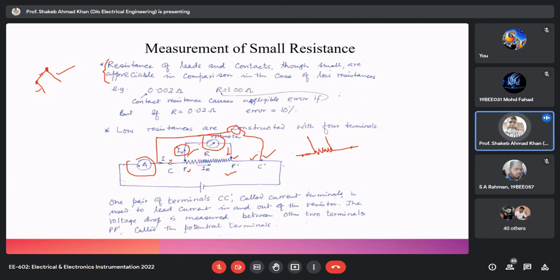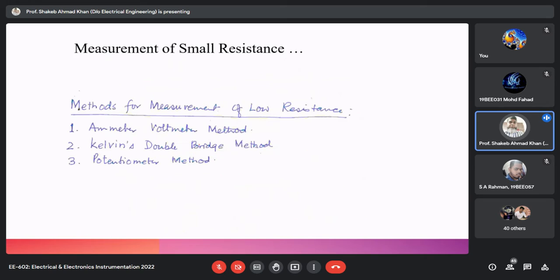Although we have taken care of the error because of lead resistance drop and contact drop up to some extent by having a four terminal resistance, there is still the issue. So this is basically called the voltmeter ammeter method for measurement of low resistance.